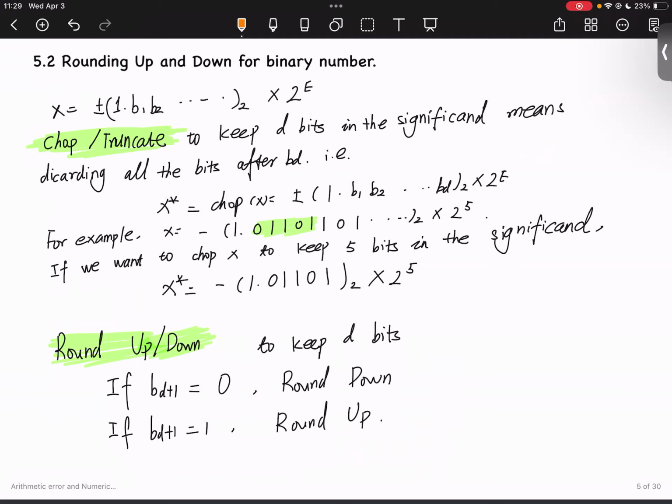If we want to keep D bits in the significand, you need to look at the D plus 1 bit. If the D plus 1 bit is 0, we round down. If the D plus 1 bit is 1, we round up. This is the binary way.